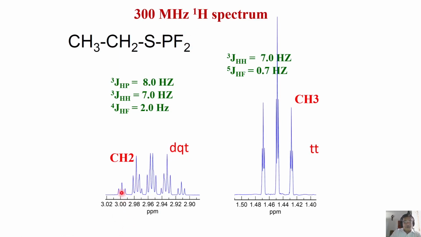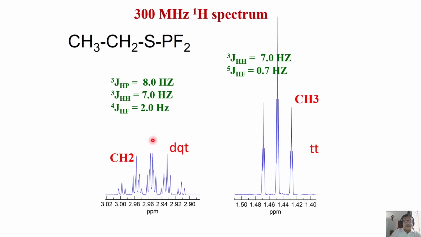You can see 1, 3, 3, 1, one quartet, 1, 3, 3, 1, another quartet, 2 quartets. And center of this quartet to center of this quartet corresponds to the doublet. And each of these lines is a triplet. See, with many overlaps, you are not seeing all the lines carefully, but you can understand very easily.